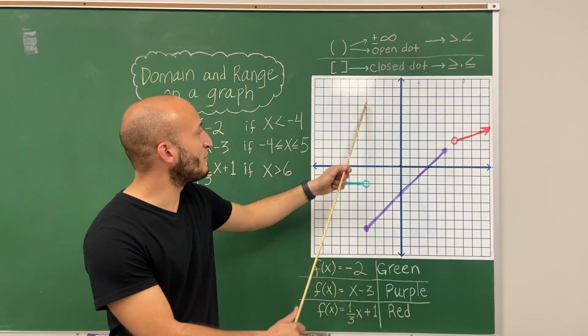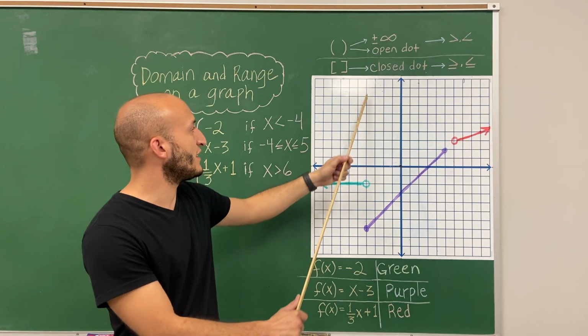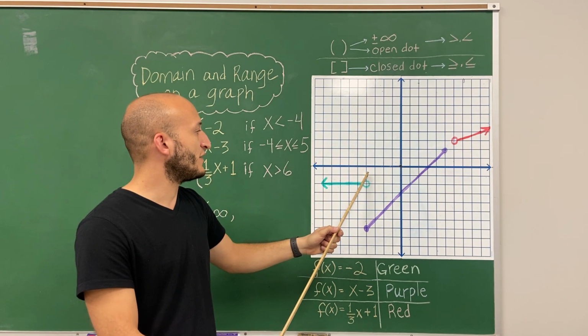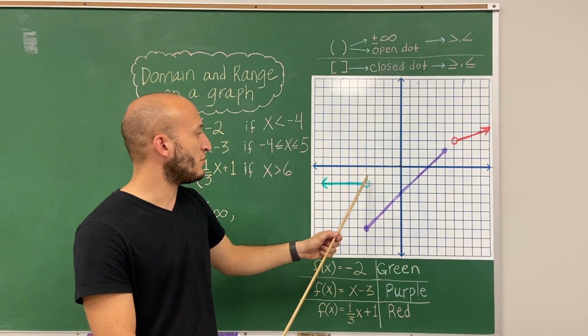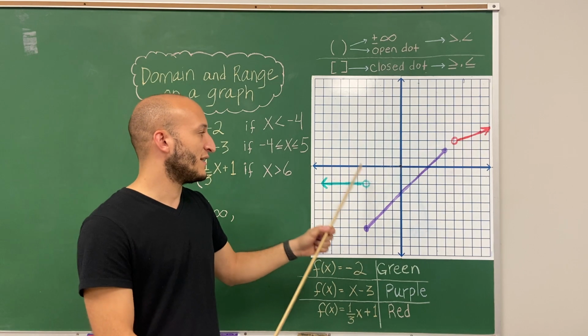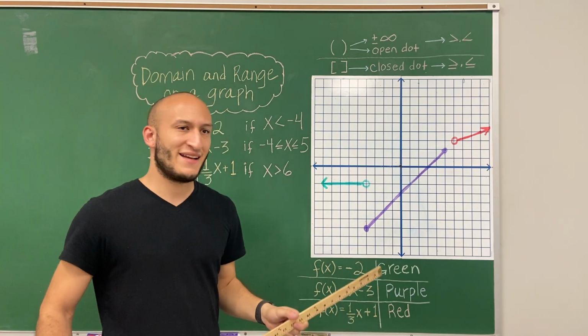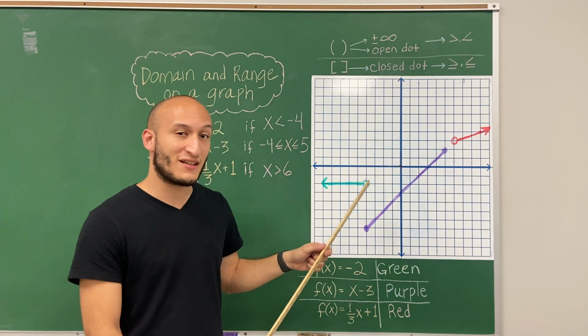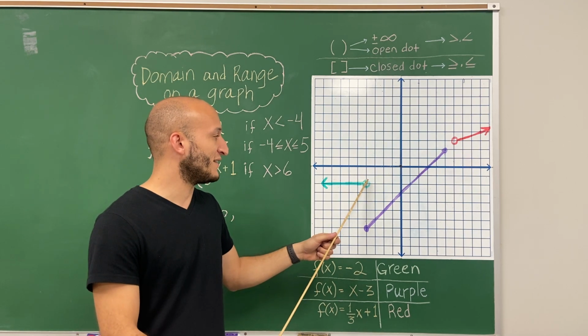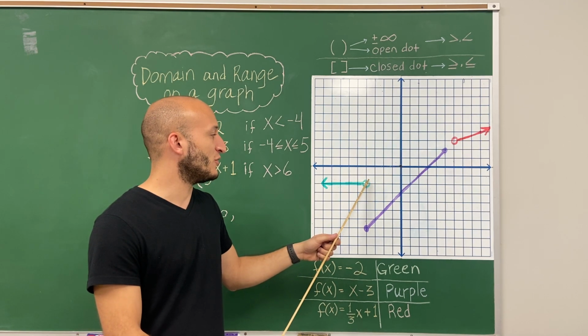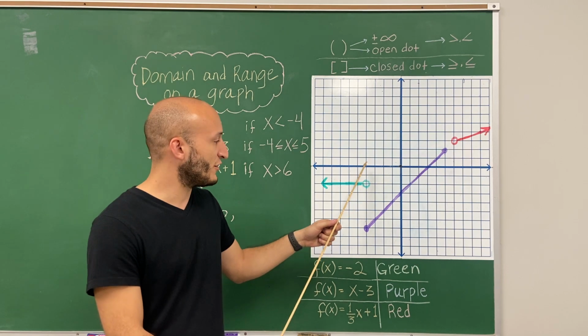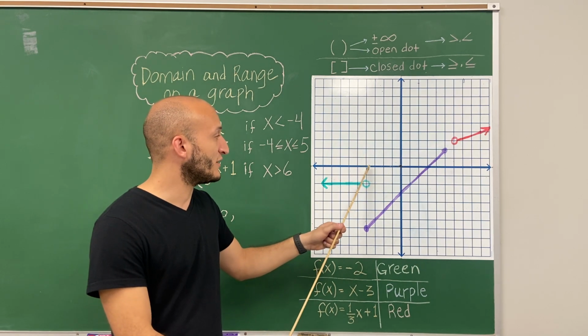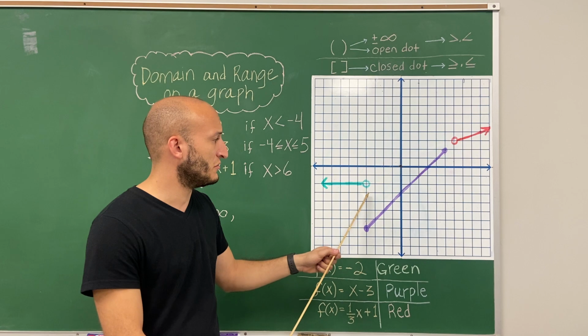And if I'm looking up here, I don't see anything. There's nothing up here. But as soon as I go down on x equals negative 4, I see an open dot, which also tells me there's no value there. It gets really close, but never actually lands there. So I can't count this green one. I wouldn't be able to see the green line at x equals negative 4. So I would just continue.